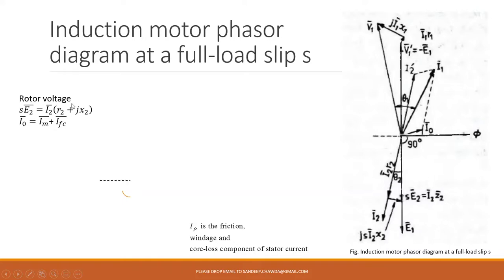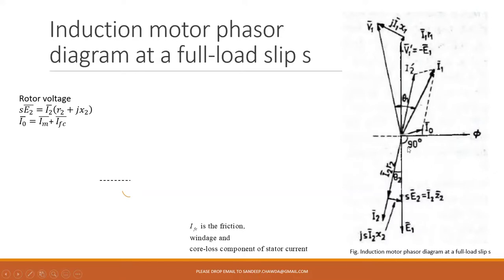So you need to keep it in mind when you are talking about induction motor operation or phasor diagram when it is revolving. So at this time we have replaced the IC with IFC. IFC is nothing but friction and windage loss, including the core loss component. So I0 will be with you.